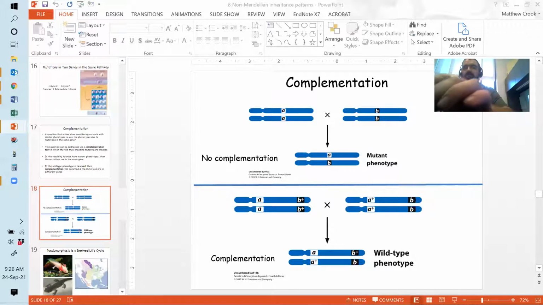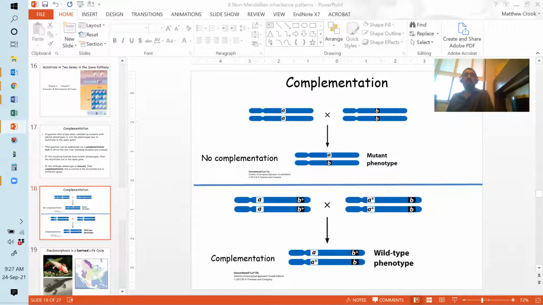So, compound heterozygosity. That's essentially two different recessive alleles equals recessive phenotype. So whenever I said heterozygotes always display the dominant phenotype, well, I was kind of lying a little bit.